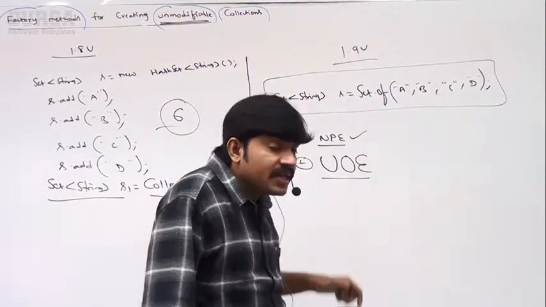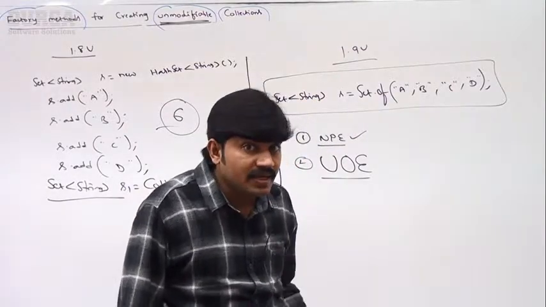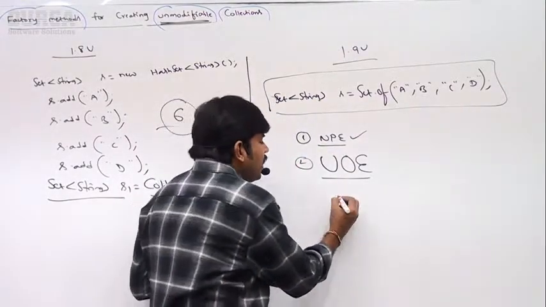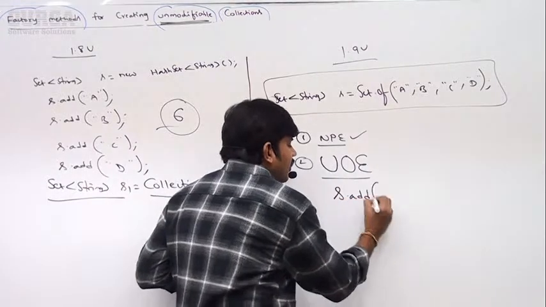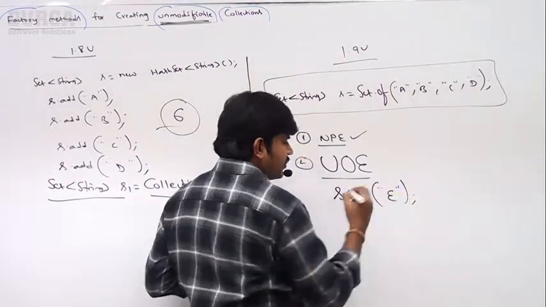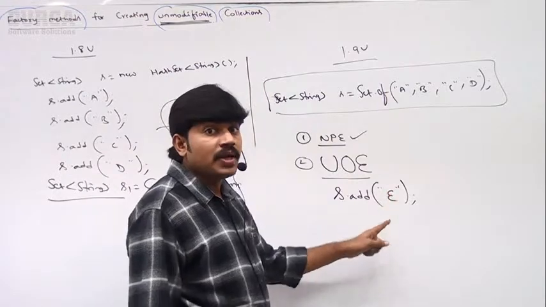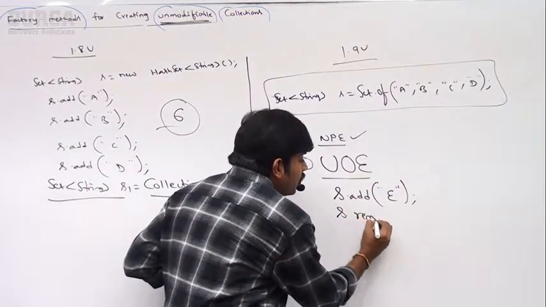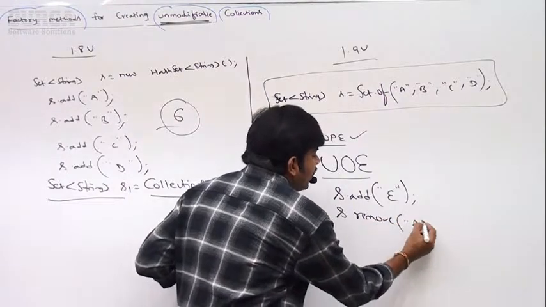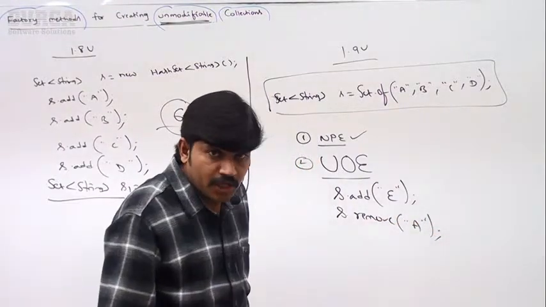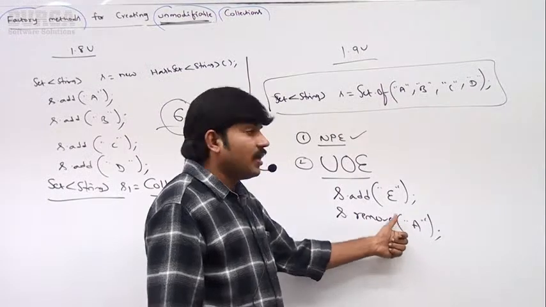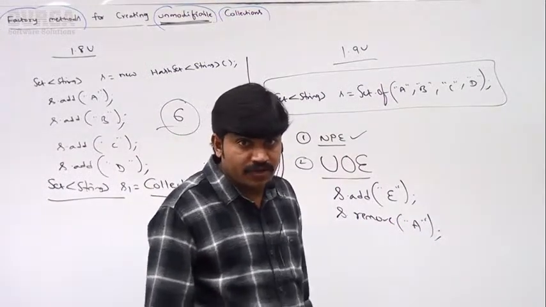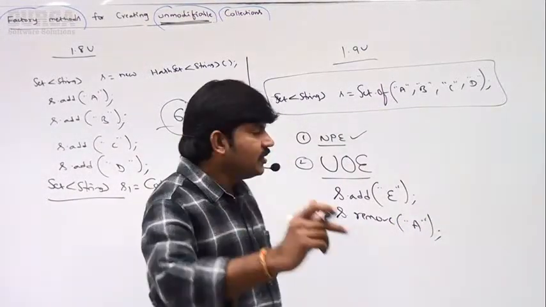Because this set is immutable. By mistake, s.add(e), if I am trying to add a new element, immediately unsupported operation exception. s.remove(a). Boss, can you please remove a? Automatically, by default you are going to get an unsupported operation exception. Clear, right? Okay, sir, make sure.